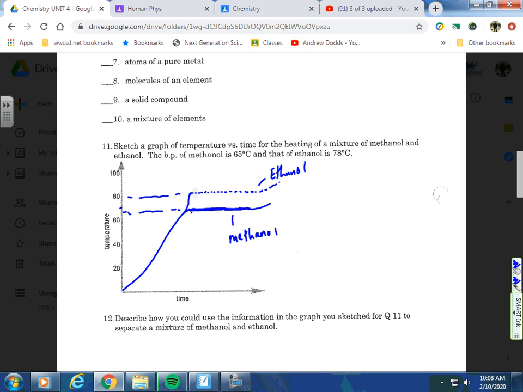So how could you use this information in the graph you sketched for question 11 to separate a mixture of methanol and ethanol? With a mixture, we can separate those by physical separation techniques. When we're talking about boiling point, the separation technique is called distillation. This was in your review. So what I would do here is heat the substance carefully, maybe to about 70 degrees Celsius.